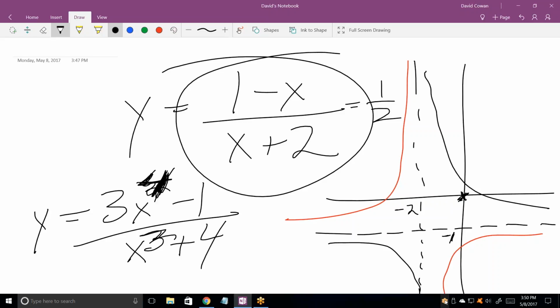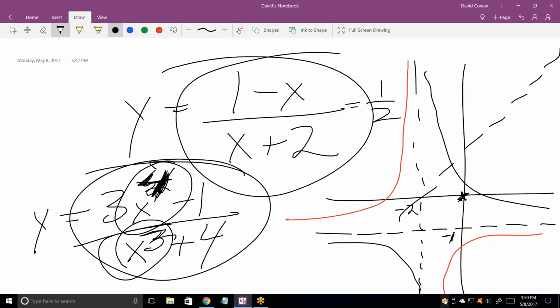It's a slant asymptote. In other words, when the power of the numerator is exactly 1 greater than the power of the denominator, you do the division. And the division produces a linear result. And so you end up with a line that is called a slant or oblique asymptote. Whatever your linear result of that is, discard the remainder.